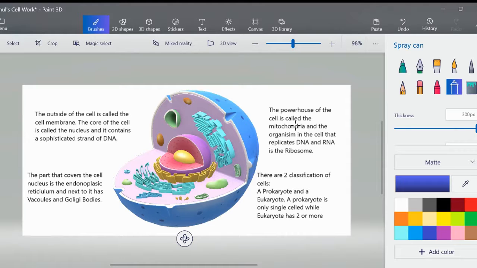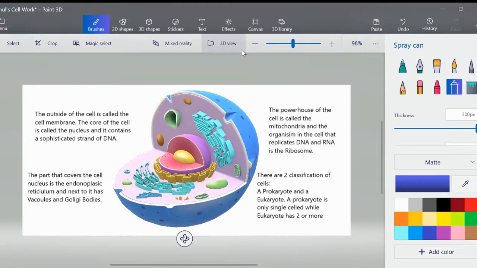Basically, there's another one called the ribosome. The ribosome is the thing that replicates DNA. DNA cannot last forever. DNA can only last for a little bit, and that is why there's a ribosome in here.